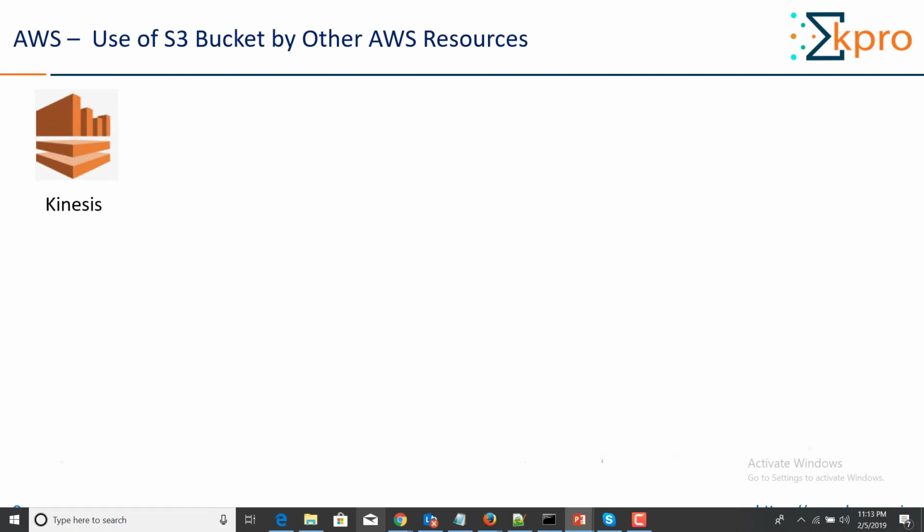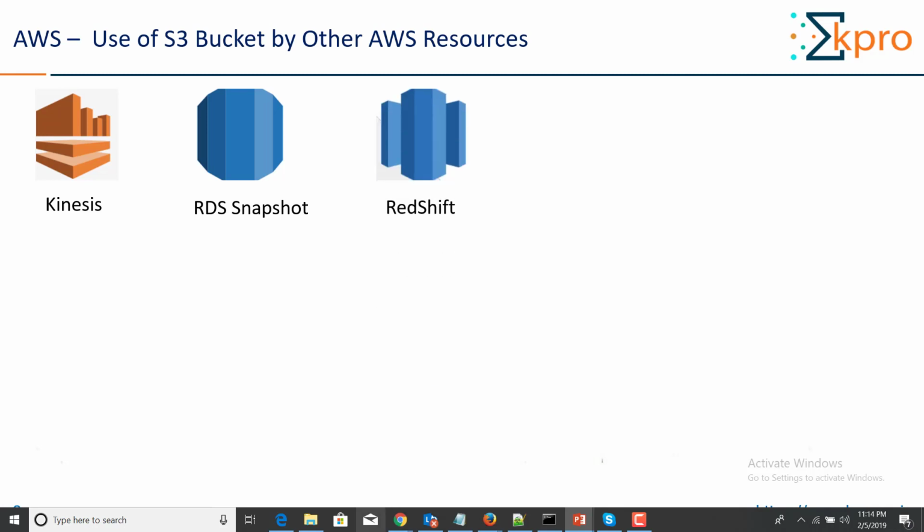AWS Kinesis, while loading the data, you can use S3 as a staging area. For an RDS snapshot, you have a database running, you want to take the snapshot and you can put your snapshot to S3 storage. You can use a Redshift database, you can put its snapshot there, or for staging purposes also you can use an S3 bucket.